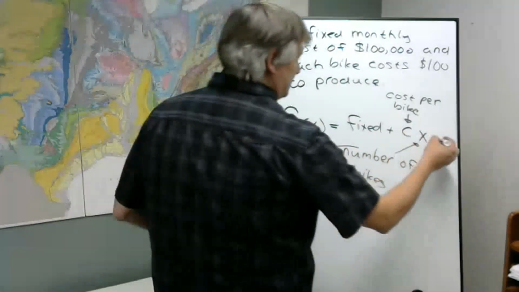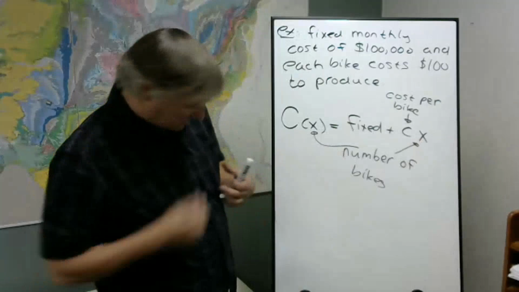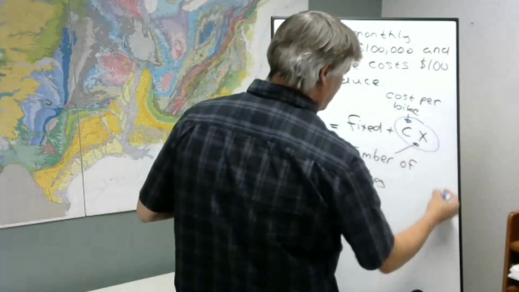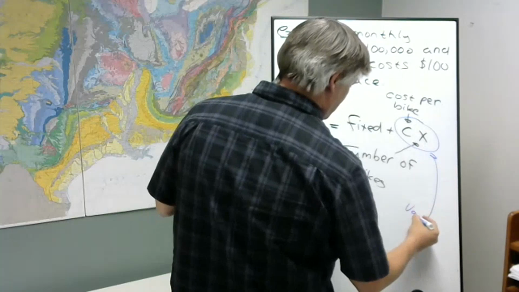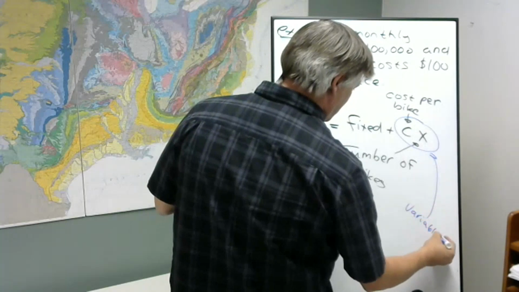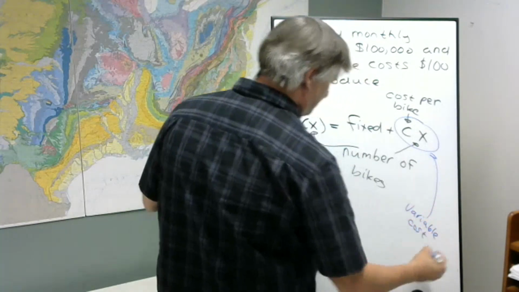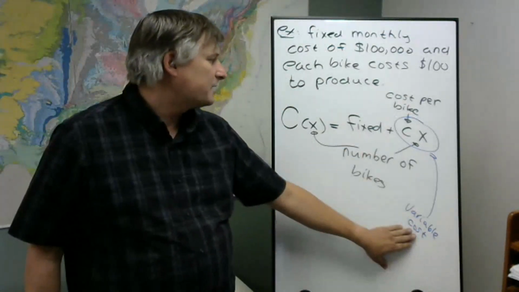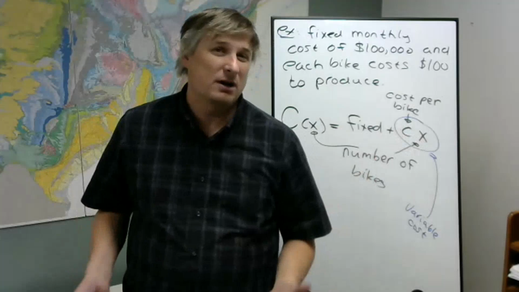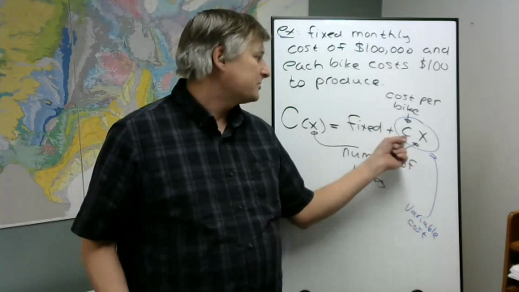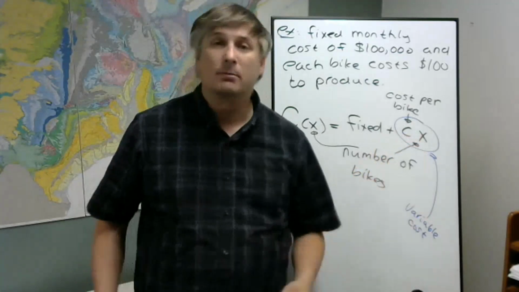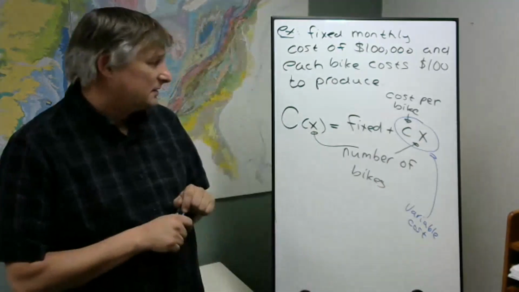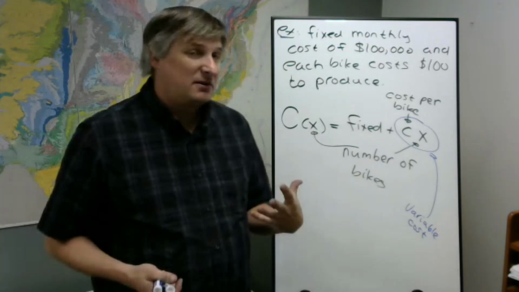So we can treat this as your variable cost. So we have our fixed cost, we have our variable cost, and we express the variable cost as the cost per bike times the number of bikes. So that's how we're going to work with this. So that's going to be our approach.